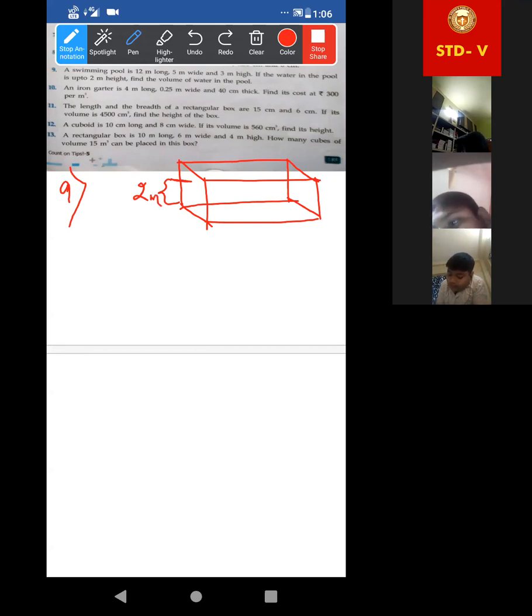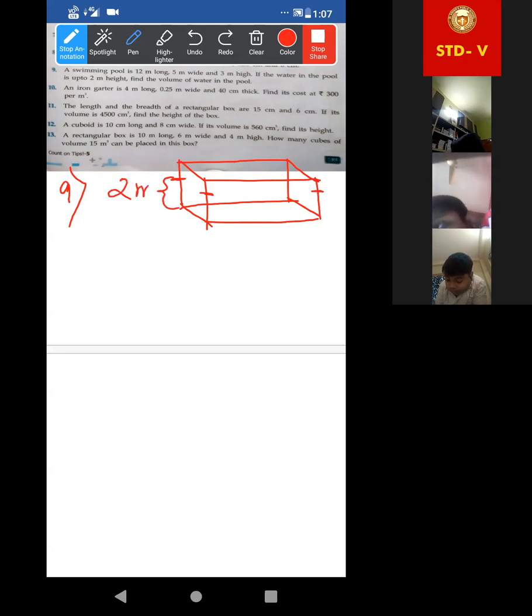This one is height, so total height is of what? 3 meter. No need to mention that one. In place of that, just cut over there on any one side of height, okay? Just cut in this way. So that means this portion is of 2 meter. Understood?